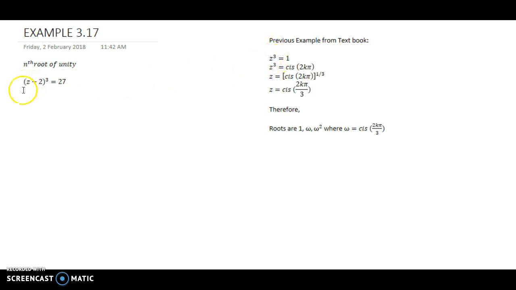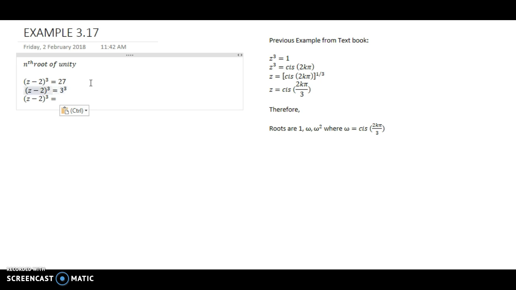In a future question, there's one that looks a little bit more complex, and you'll notice that the left-hand side is a cubed, as was the right-hand side here. But the right-hand side of the equation is not 1, so we must first get that to be 1. So we could rewrite the above line, but 27 could be written as 3 cubed, and then we again write the same thing, but dividing both sides by the 3 cubed.